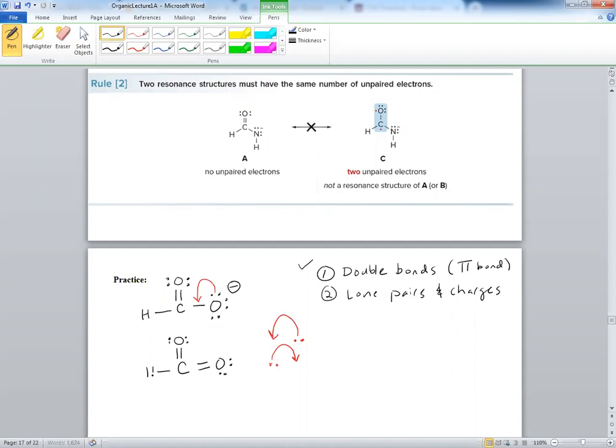Once again, this is violating the octet, more than the octet. So you say, what do I have to do? Well, you break this double bond. So now you're moving these electrons from the pi bond to the oxygen above to form a lone pair.